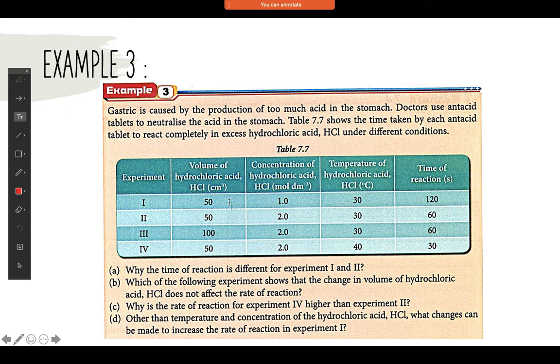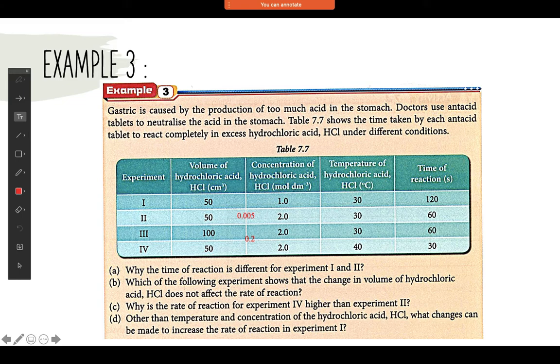Ini adalah 0.005. Nah, ini number of mole dia 0.005, this one. Kalau untuk yang ini, number of mole dia 2.0 times dengan 100. 0.2.